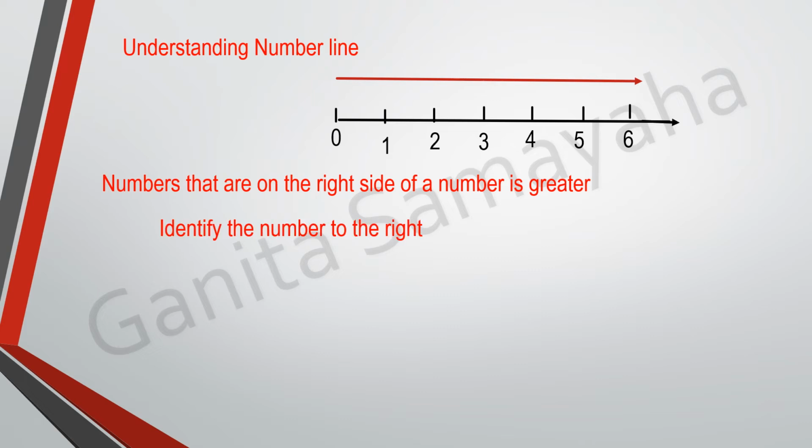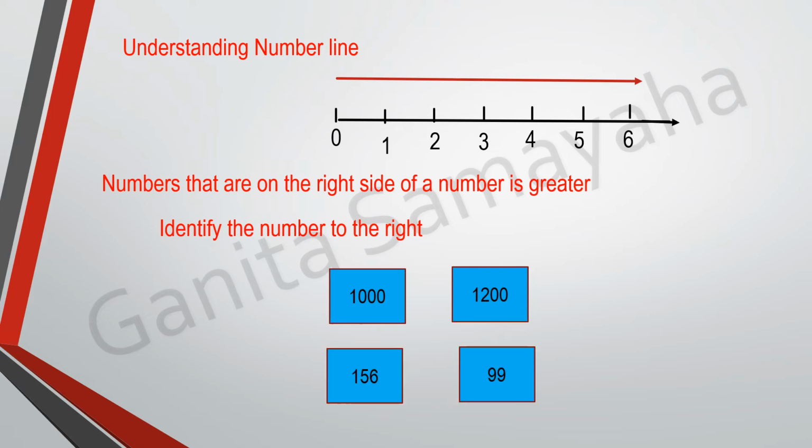Okay. So, let us identify the number to the right in the following. Suppose you are given 1000 and 1200. Which is the number that is greater, or which is the number that is to the right? Is 1000 to the right of 1200 or 1200 to the right of 1000 on the number line? Greater number, isn't it? So 1200 is to the right of 1000.